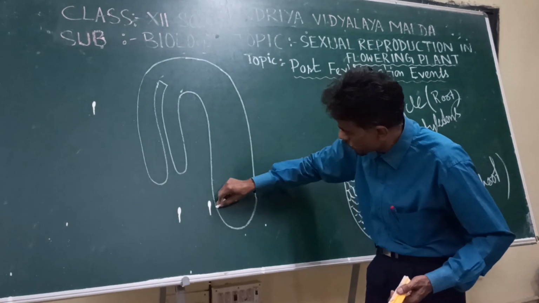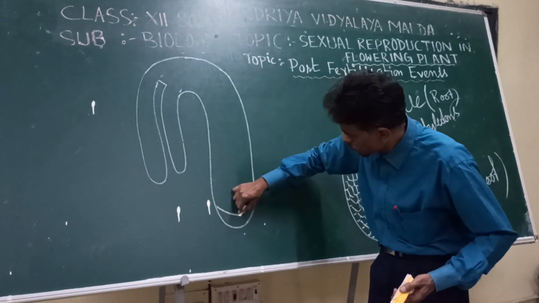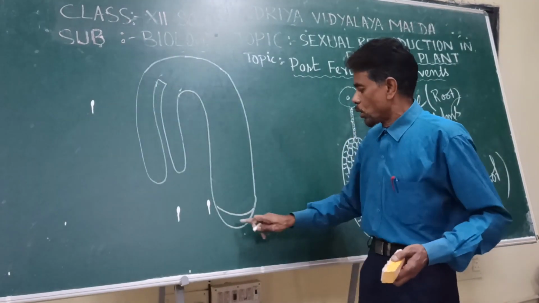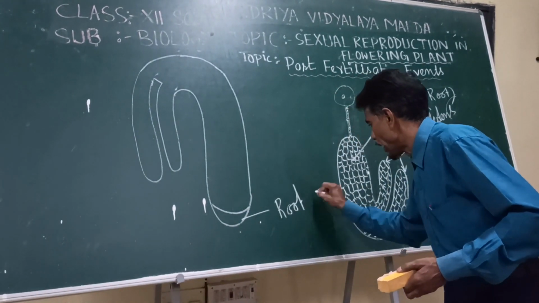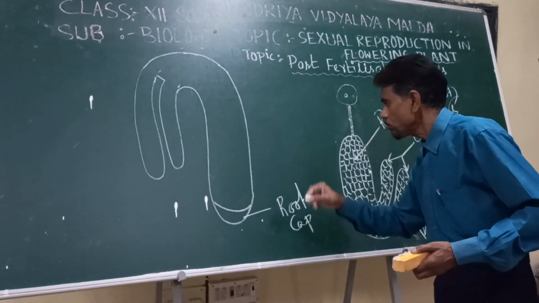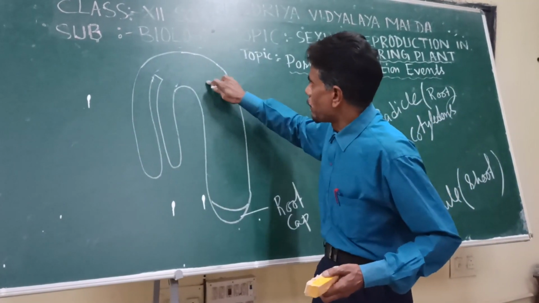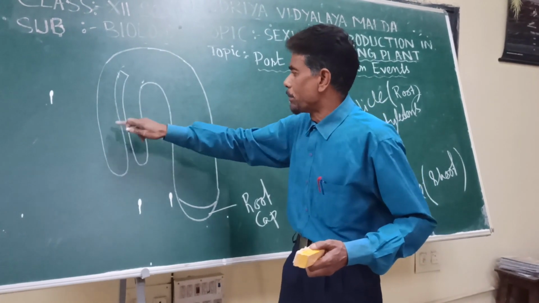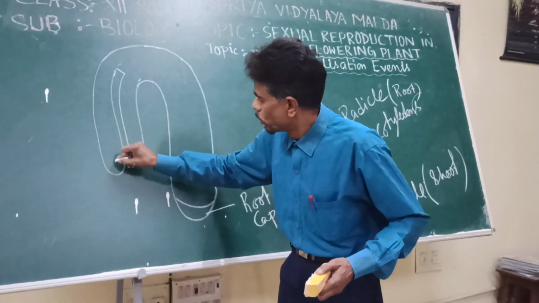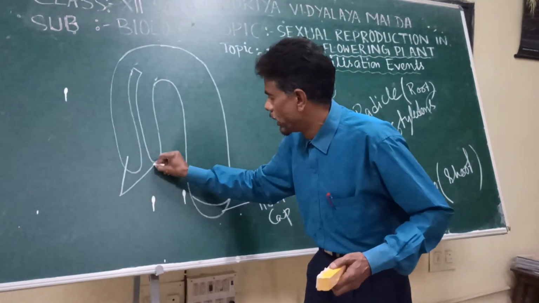This is the root cap. So this is the part of the embryonal axis which terminates at one end with two cotyledons.